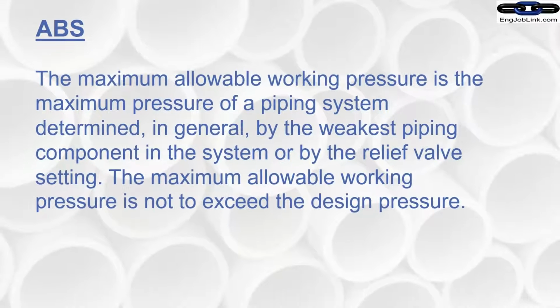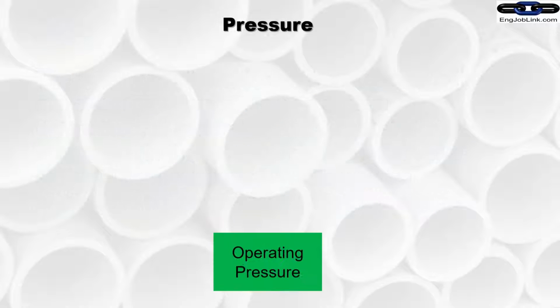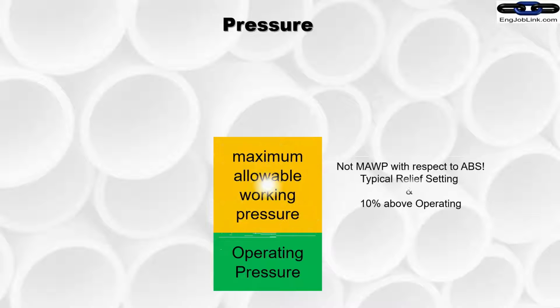So to clarify that, we're talking about pressures here. You have an operating pressure in a system, and that's your normal operating range, colored green there. You start getting to the cautionary color when you get to the maximum allowable working pressure according to ABS, which is the relief valve setting, 10% above the operating pressure. Sometimes 15%, or maybe a little bit different than that, but typically it's 10%.